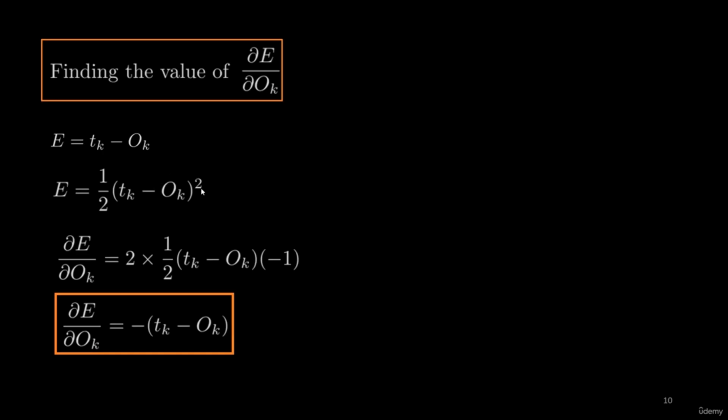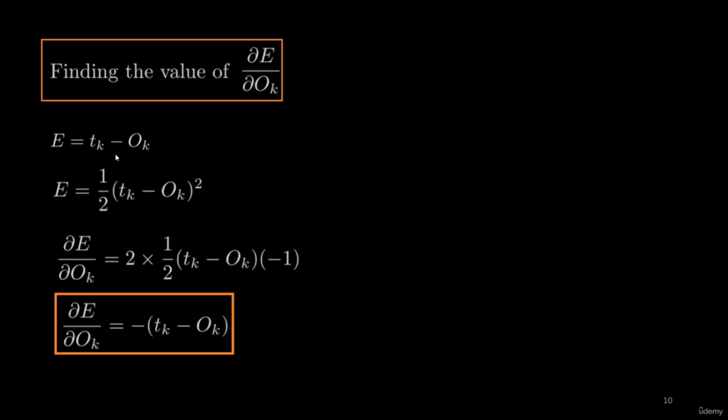Similarly, if we have tk minus ok raised to power 2, we have a derivative 2 times of tk minus ok. So what will happen? We use this half for our mathematical convenience, that when we take a derivative, this 2 will come at the start and this 2 will cancel with this half. In that way, we will get a simplified form of equation.